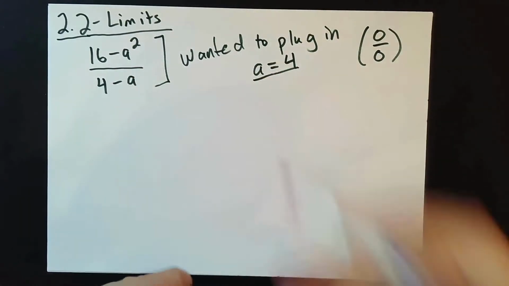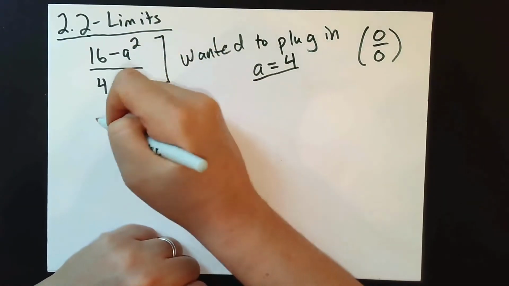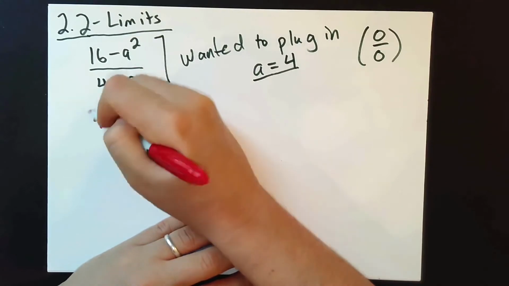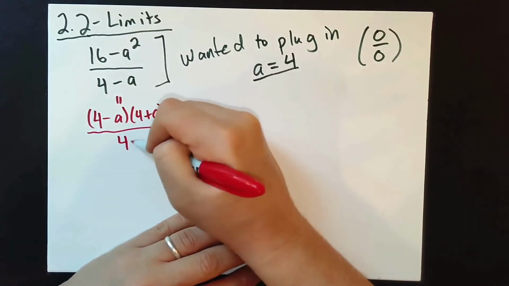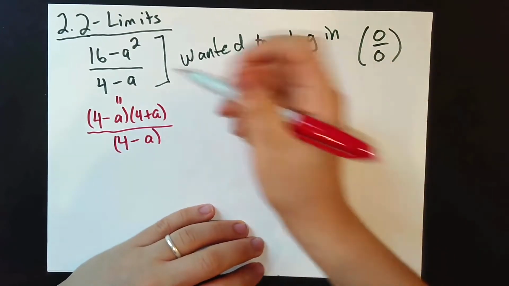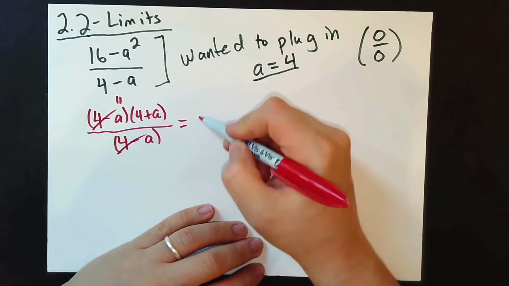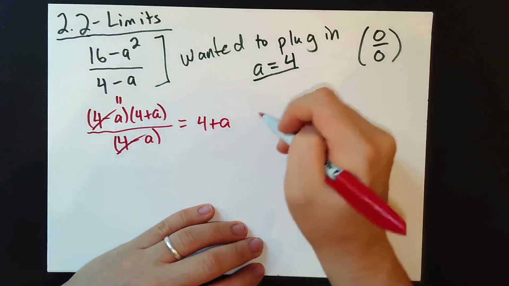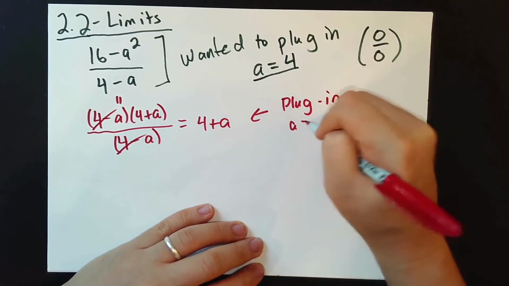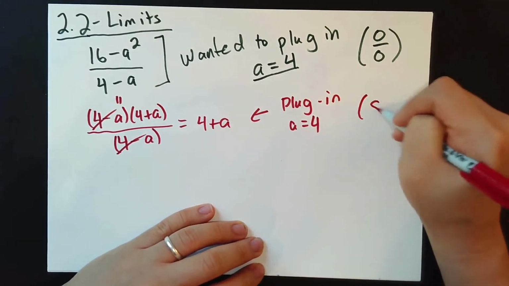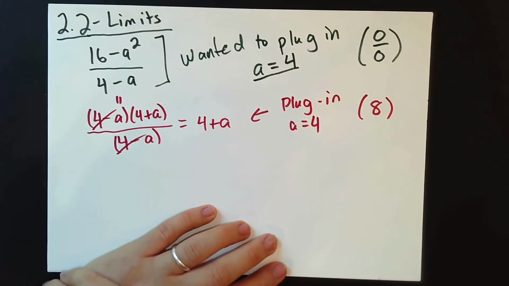We said, oh, well, hey, if I factor this, it'll be 4 minus a times 4 plus a divided by 4 minus a. Cancel those. This is 4 plus a. And now, if we plug in a equals 4, we get 8, which is the thing that we wanted.